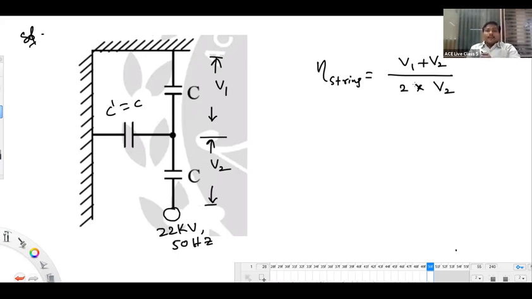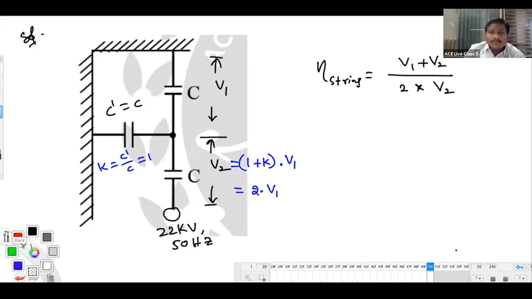What is the V2 formula? V2 is (1 plus K) into V1, where K is C dash by C, that is 1. So V2 is equal to 2V1.